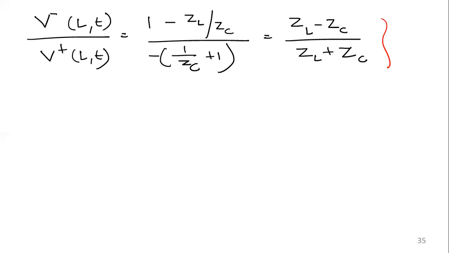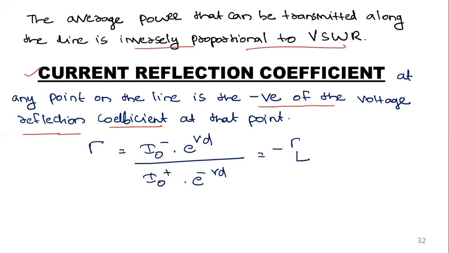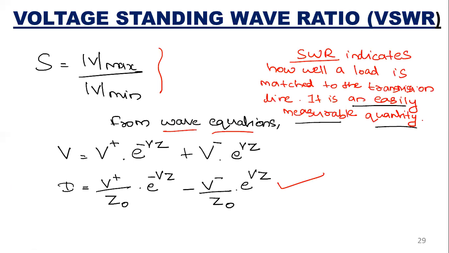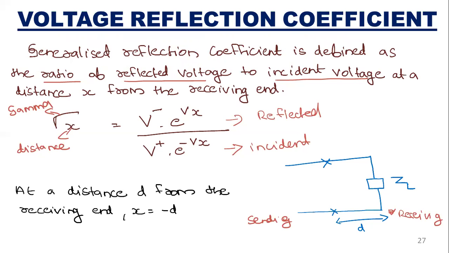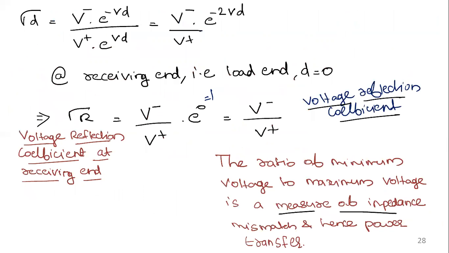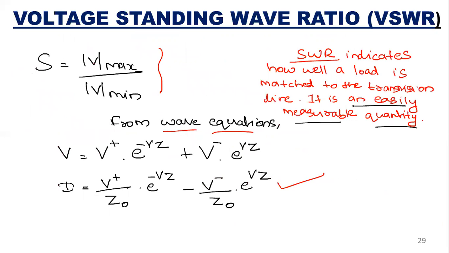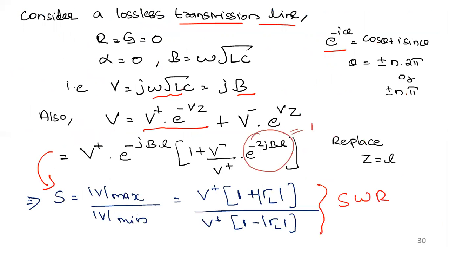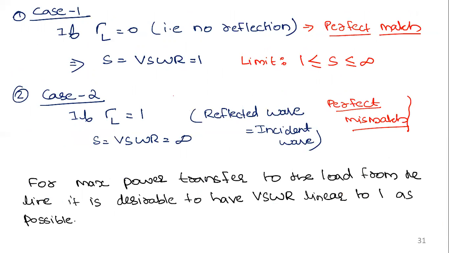So I will just rewind once again what all we have seen today. We have seen what a voltage reflection coefficient is. Then we have seen the physical meaning of that. Then we came across the voltage standing wave ratio. Then we understood what a perfectly matched line and a mismatched line are. All these things we have seen.